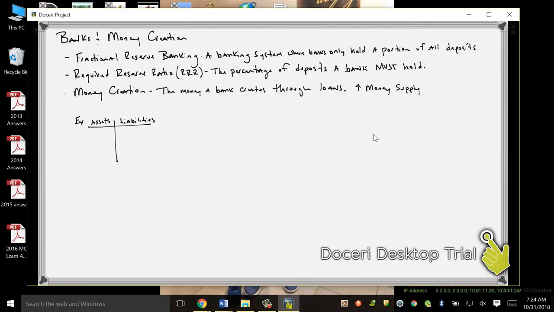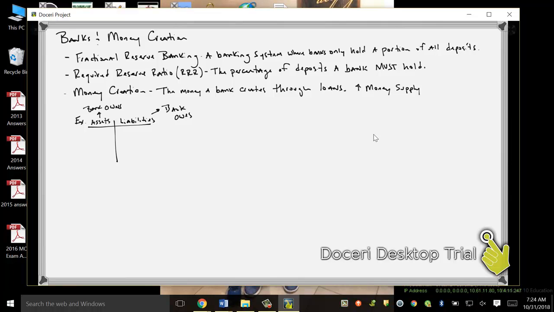So it's important for us to know that liabilities are really all of the things that a bank owes somebody else. We're going to put here bank owes. And assets are going to be all the things that a bank owns. Your bank owns. And that's how we kind of keep track of what assets and what liabilities are.